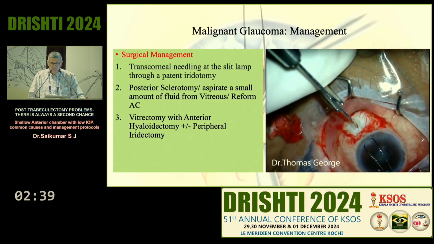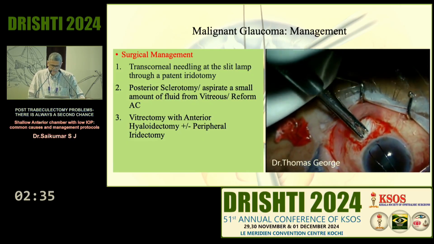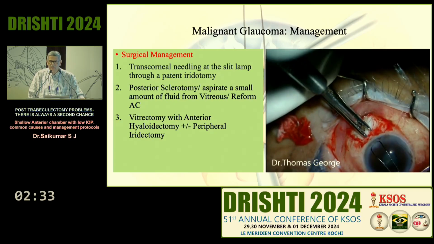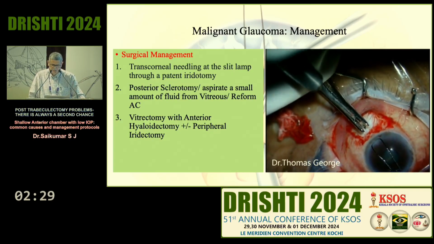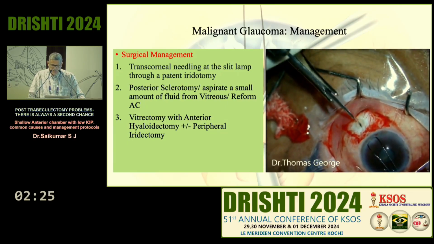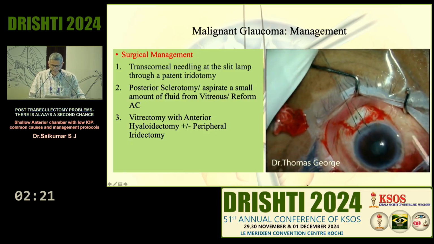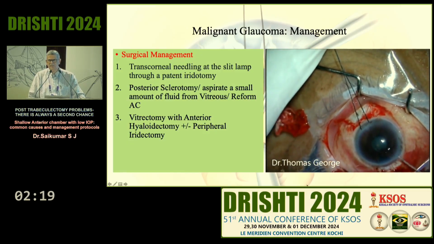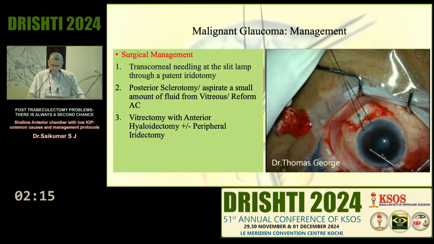You need not actively aspirate the fluid because our VR colleagues are not very fond of that. They feel that there is a lot of traction on the vitreous and the peripheral base of the retina, but you can just let out some fluid, and by doing that itself you can find that suddenly the anterior chamber is better, the eye gets softer, you can reform the anterior chamber.